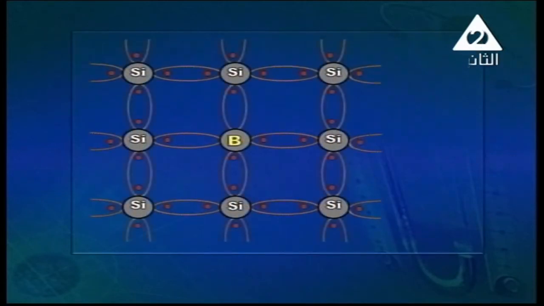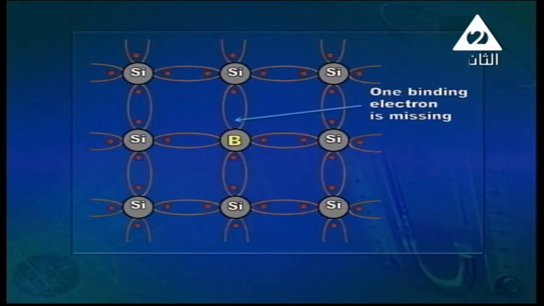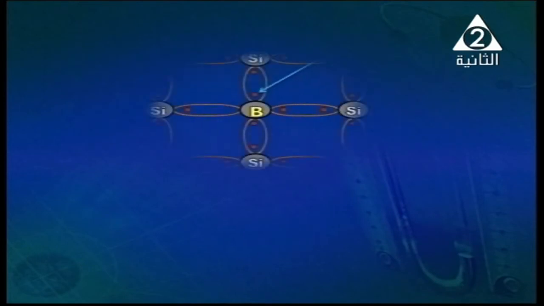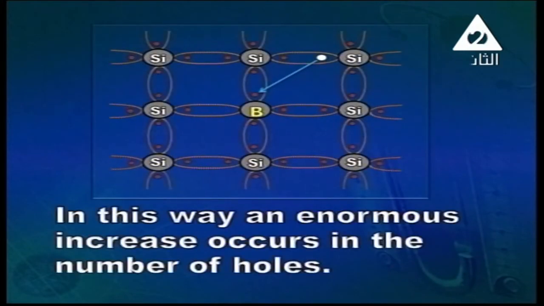Each atom has 3 electrons in the outermost energy level. So 1 binding electron is missing. 3 are used in bonding and 1 is missing here. In this way an enormous increase occurs in the number of holes.